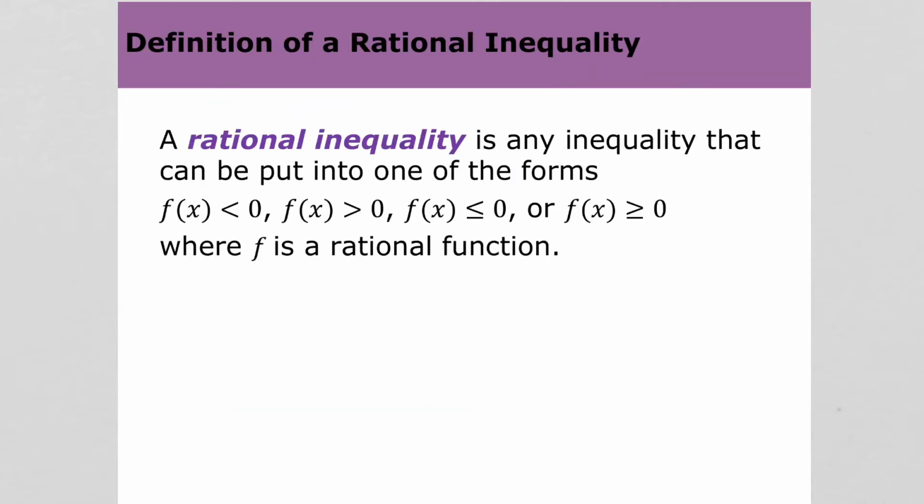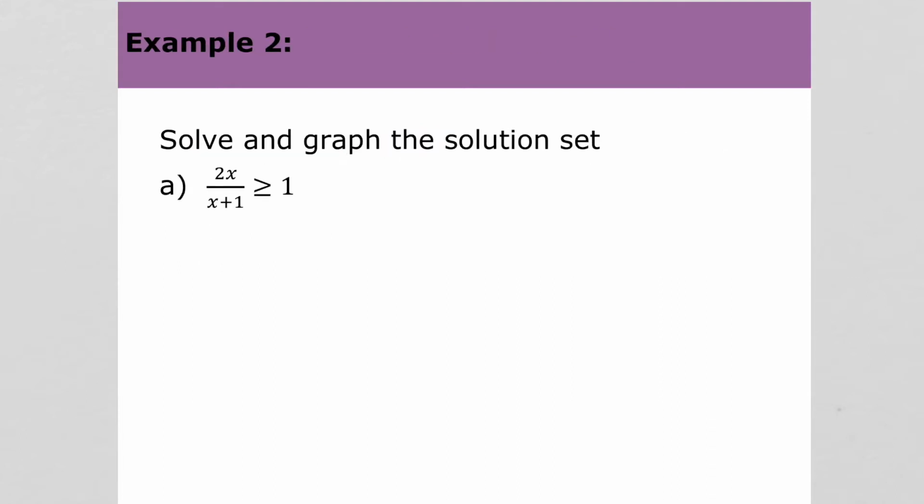A rational inequality is an inequality that deals with a rational function, so fraction. So solve and graph this one. Start by setting equal to 0, so we have to subtract 1.